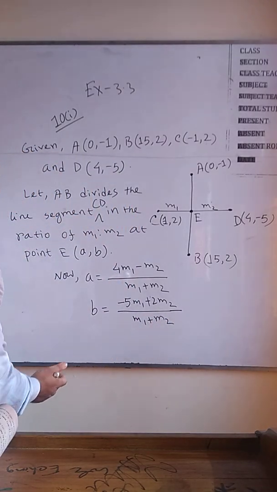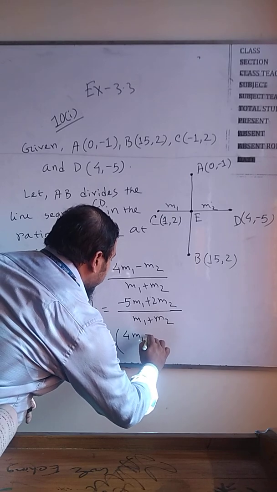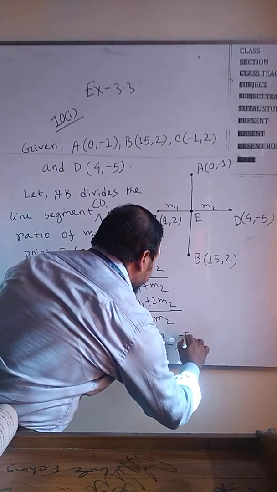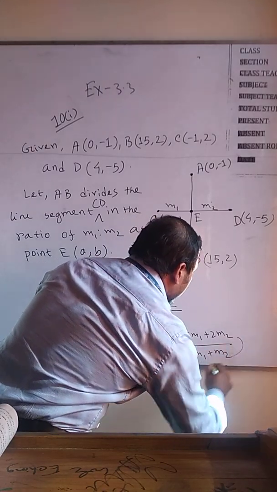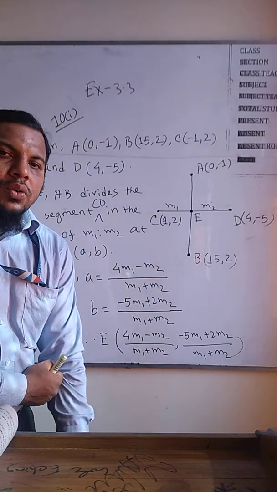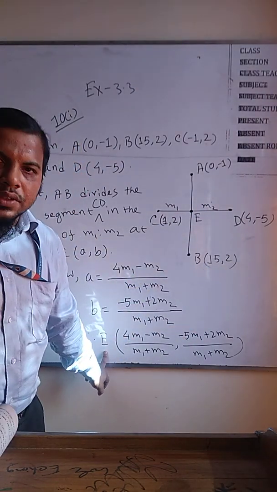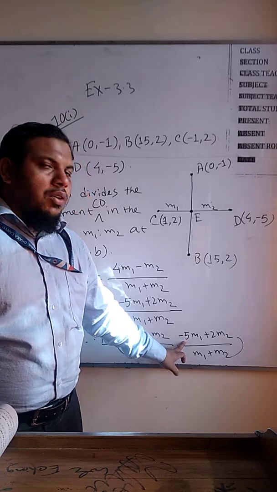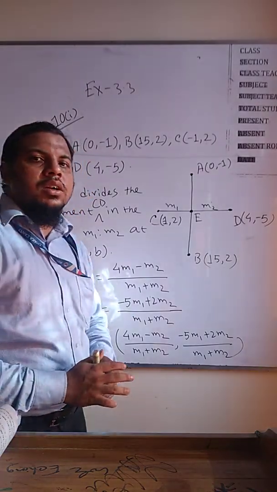So E is (4M1 minus M2) divided by (M1 plus M2), and the ordinate is (-5M1 plus 2M2) divided by (M1 plus M2). According to the ratio M1 to M2 and the points, we have found the coordinates of E.